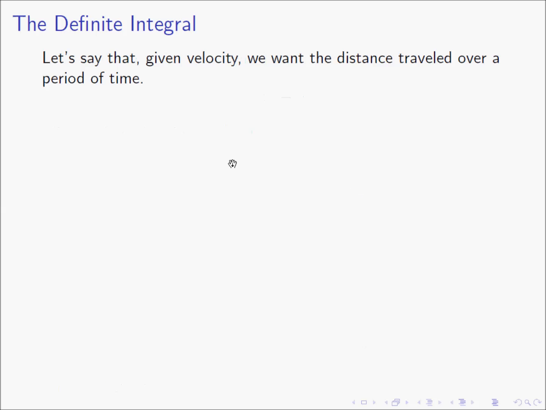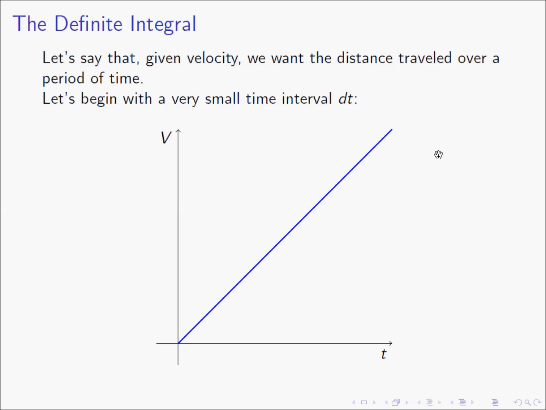Now let's say that we want to solve the following problem. We know the velocity of the particle, and we want to calculate the distance traveled over a period of time. We're going to begin to solve this problem within a very small time interval.